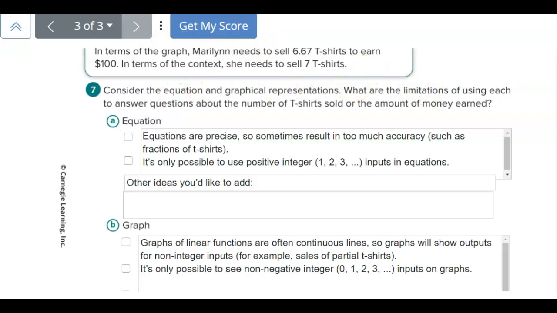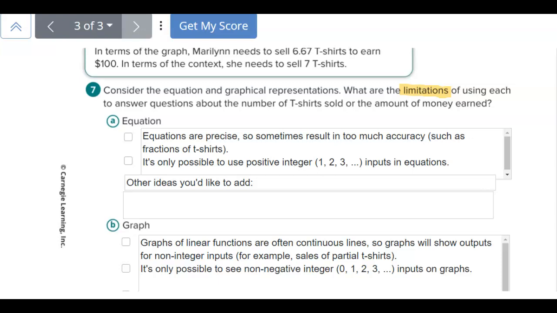So limitations means what are some of the drawbacks, or why isn't it perfect to use an equation, or when isn't it perfect to use a graph? What are some of the limitations or the drawbacks of equations and graphs?